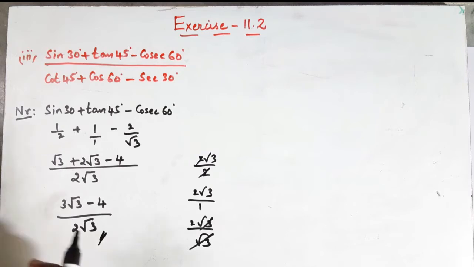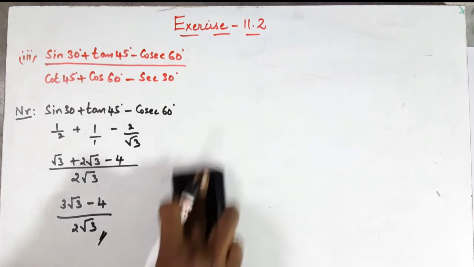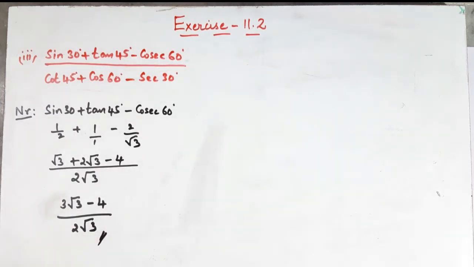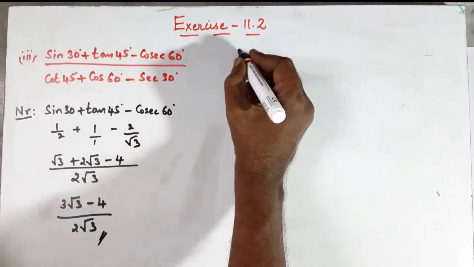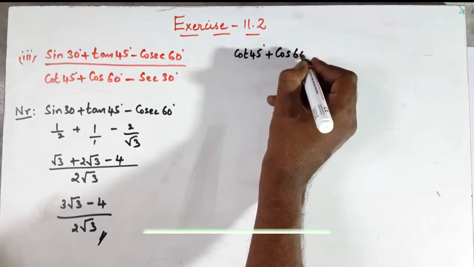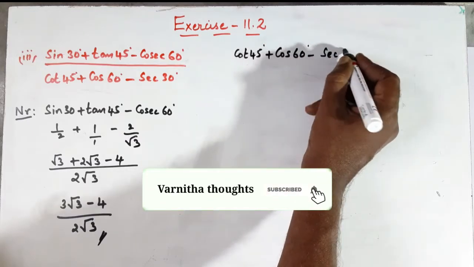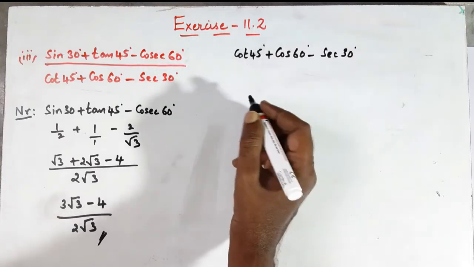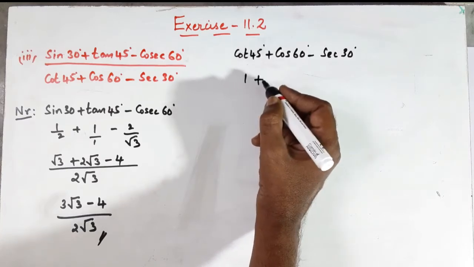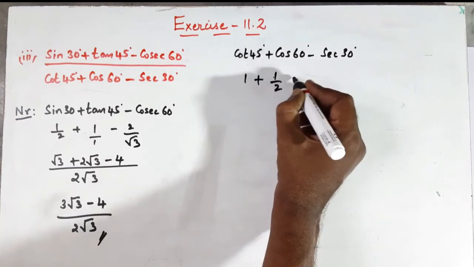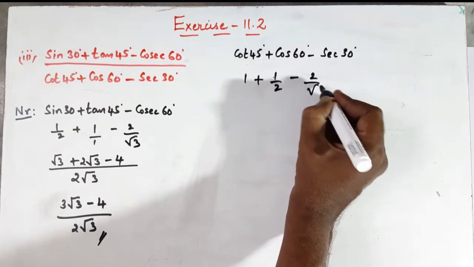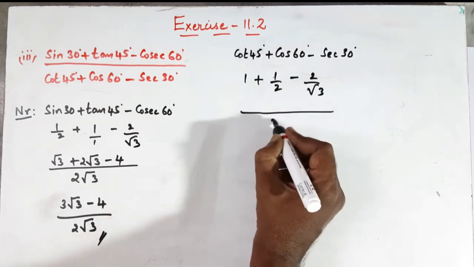Now going for the denominator. What is the denominator? Cot 45 plus cos 60 minus sec 30. Cot 45 is 1, cos 60 is 1 by 2, minus sec 30 is 2 by root 3. Again the LCM is 2 root 3.